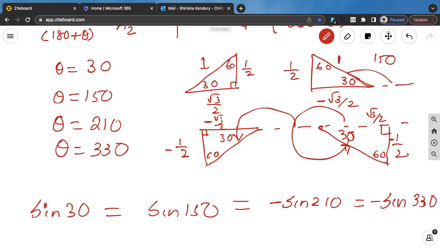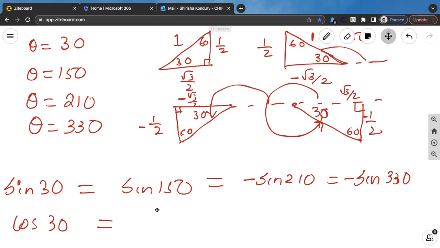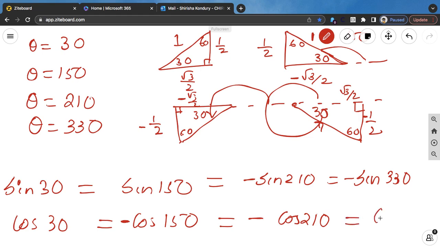Same value but in the negative side, because the triangles that they are forming with the x-axis is still 30, 60, 90, but in the different quadrants. Same way, cos of 30 is same as cos of 150, but it is in the negative x-axis, is same as cos of 210, but also in the negative x-axis, is same as cos of 330.